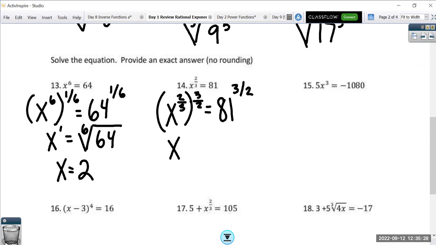So now my exponent simplified to 1. You can put an x to the first, but you don't have to. And I'm going to rewrite this as the square root of 81 raised to the 3rd power. Now, the reason that I broke it up like this is because I know the square root of 81.